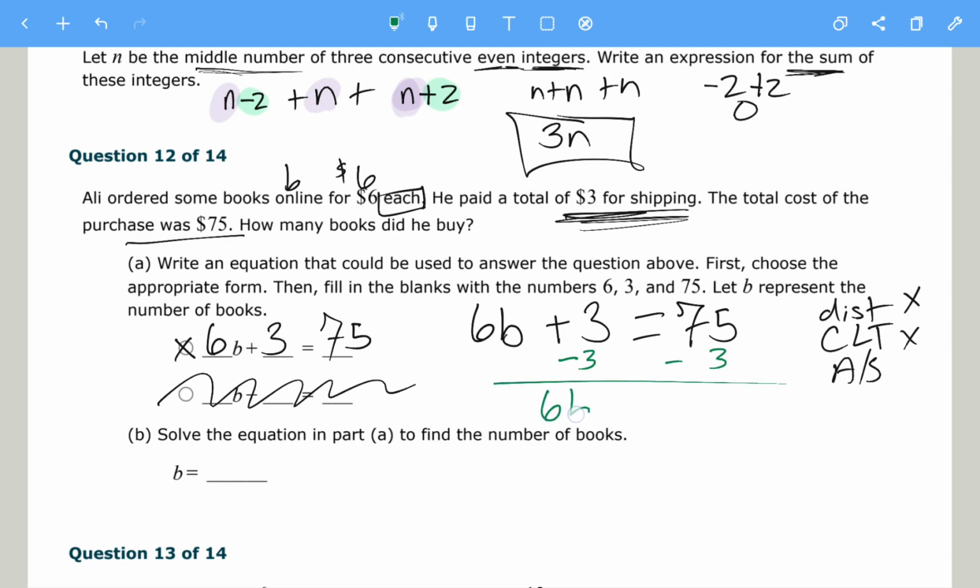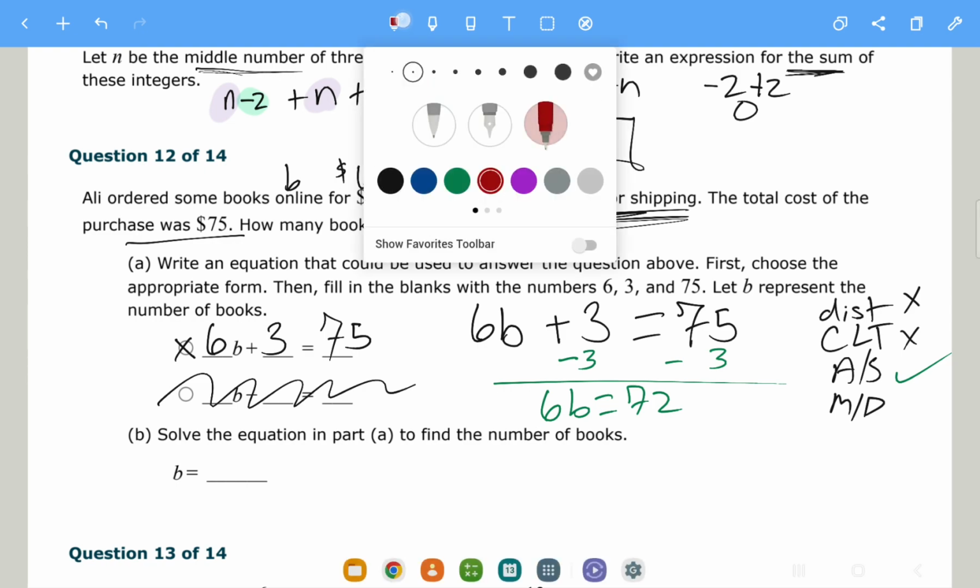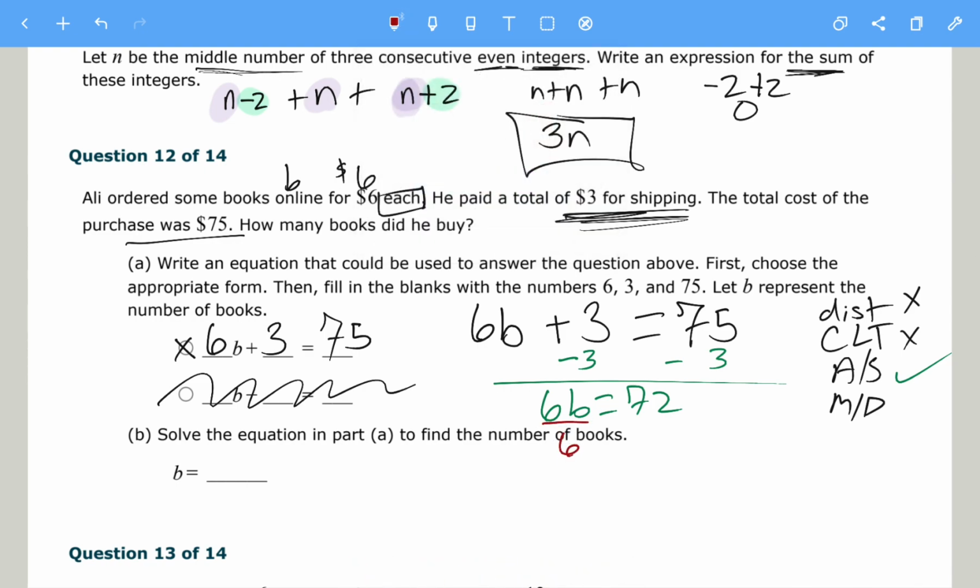That leaves me with 6b equals 72. And now we're going to multiply or divide to get the variable alone. So I'm going to divide both sides by 6. So we get b equals 12. So Ali bought 12 books. How exciting.